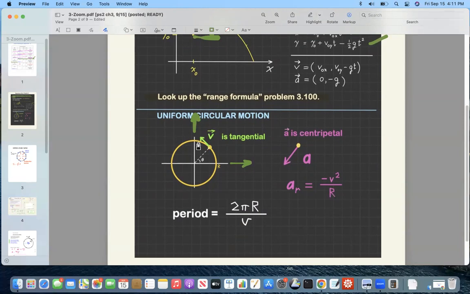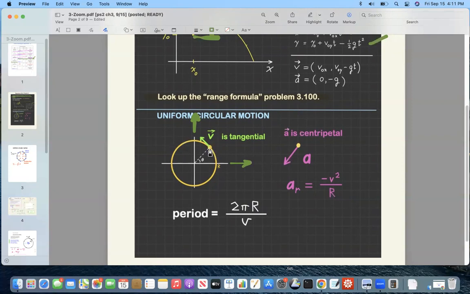It's probably easiest if you think of this as a circle on the surface of the earth, something horizontal. The velocity is always tangent to the circle because velocity is the rate of change of position.